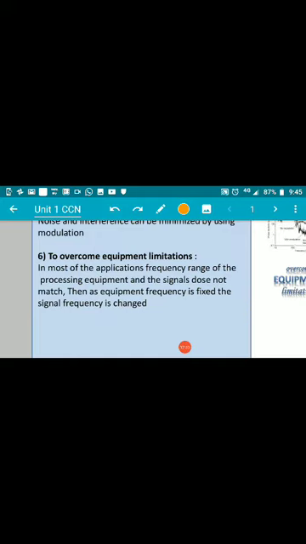In most of the applications, the frequency range of the processing equipment and the signals does not match. Then what should we do? The equipment frequency is fixed and the signal frequency is changed.